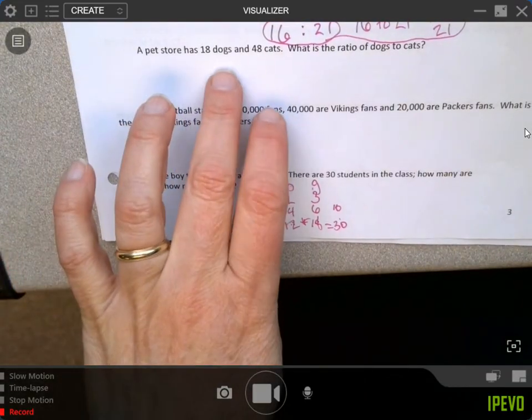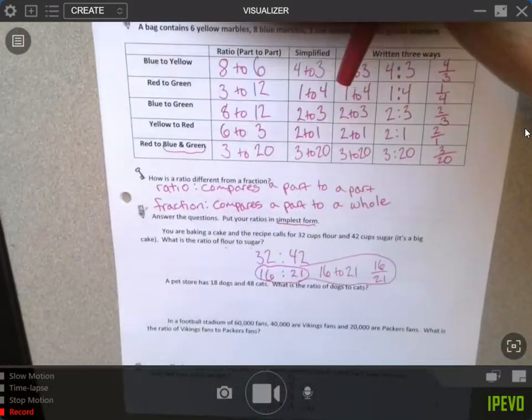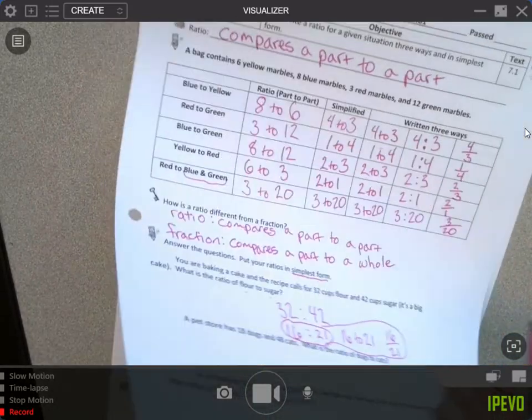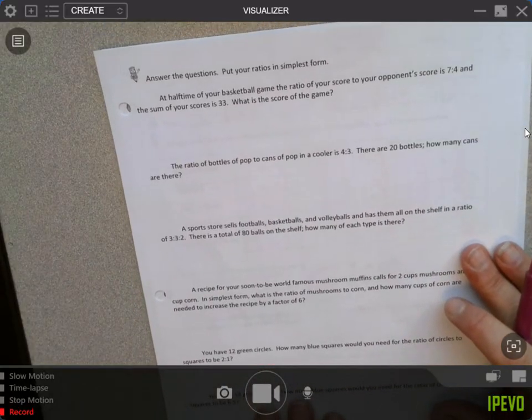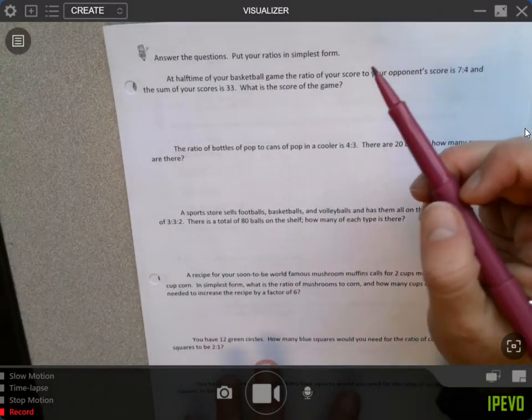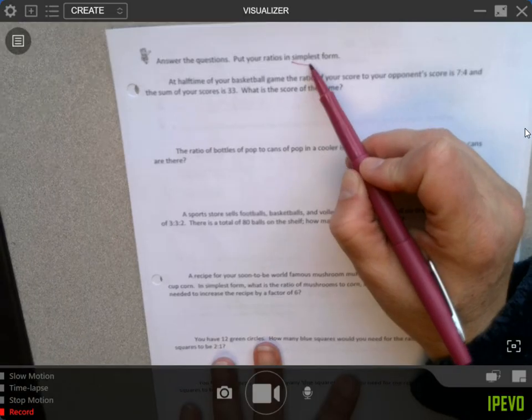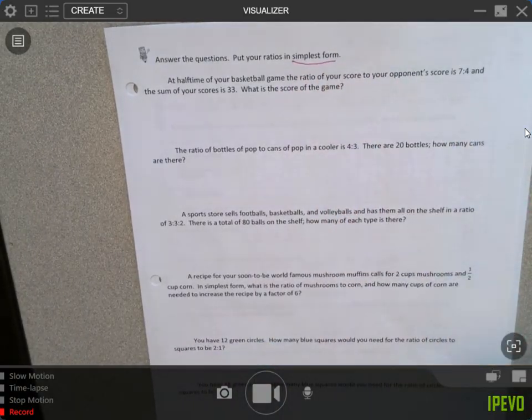You're going to finish these two on your own on that first page. Our second page has more word problems. Again, putting your ratios in simplest form.